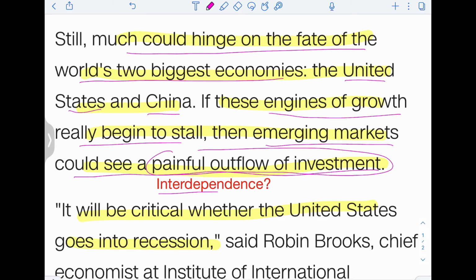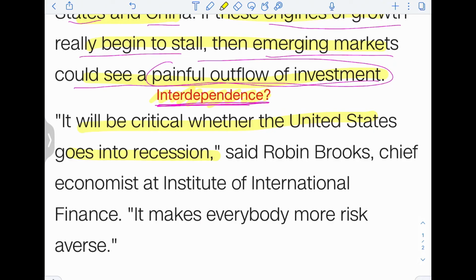And this is again a beautiful example of the concept of interdependence. Remember, the global economy is very interdependent. When something happens somewhere, it doesn't just impact that place; it has an impact around the world.